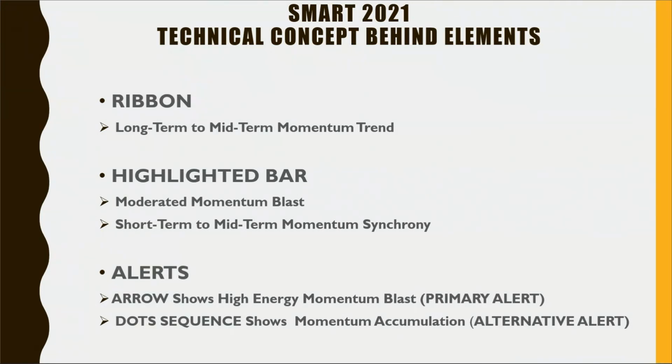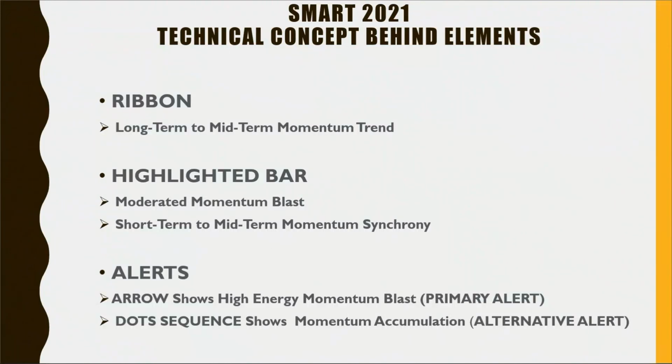I mean, what we have behind every element. This is the question. What's the concept behind every component? Let's talk first about the ribbon, which, by the way, is one of the two main innovations in this new SMART 2021 system. All of our previous alert systems provided a ribbon related to price trend.